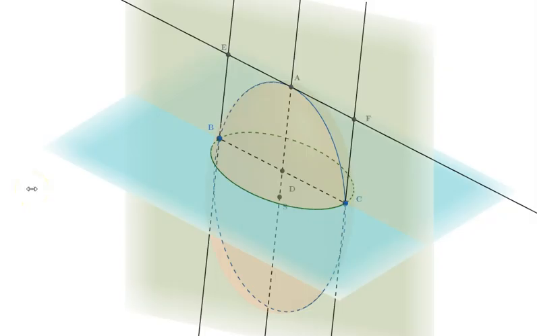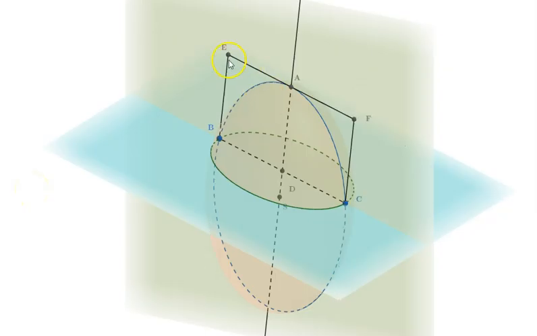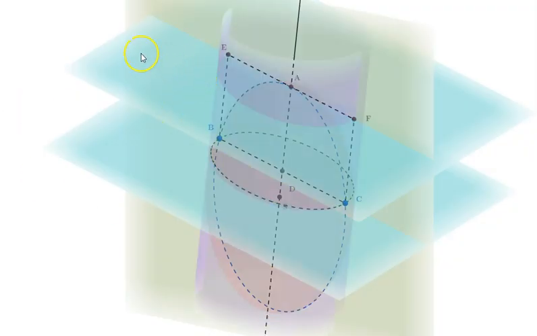Now let's get rid of these lines. Through EAF, we draw a plane parallel to the cutting plane. And if we pass a cylinder through the intersection of the cutting plane with the spheroid, then the plane through EAF, which is parallel to the cutting plane, will cut this cylinder.